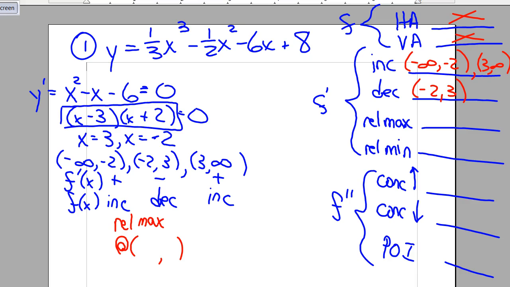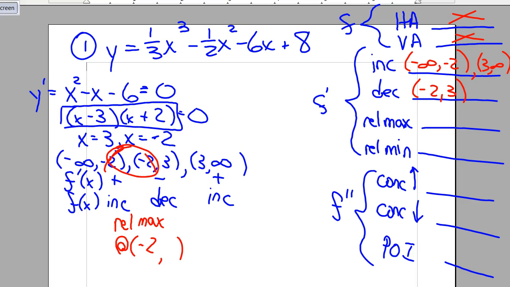So there is a top of a hill at -2 because that's where that switch happened. And then typically you would plug back into the original. I don't care, I don't want to do that. Those fractions, I don't want to worry about it. I know how to do that, but I want to get to the next part. So the relative max is at -2 comma something. If I wanted to find this y value, where would I plug back into? Which level? The original level, right?